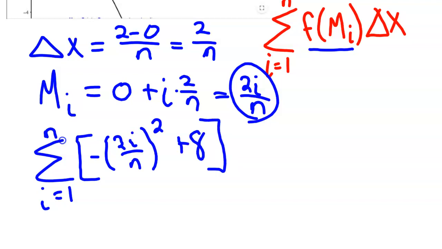And then don't forget your delta x. There's that delta x there. So if you forget that, you'll come to the end and you'll think, oh shoot, it didn't work. Well, most of the time it's because you forgot to put that delta x back in, that change in x.